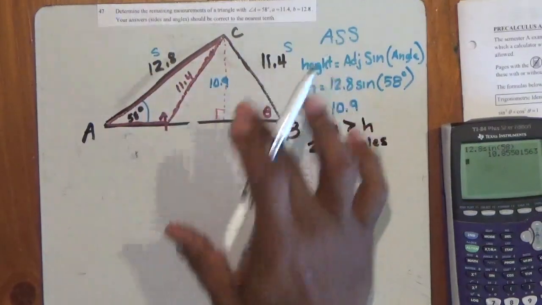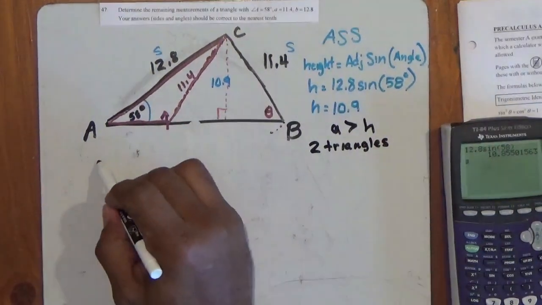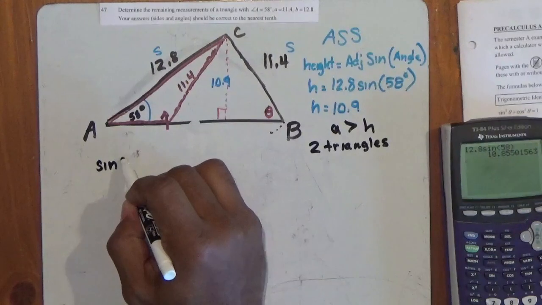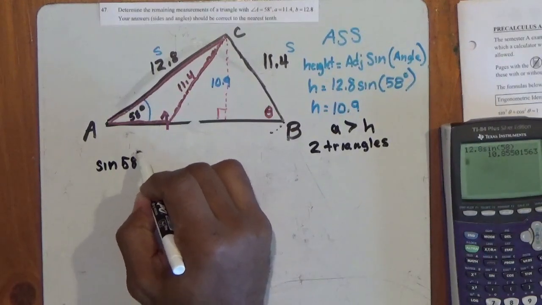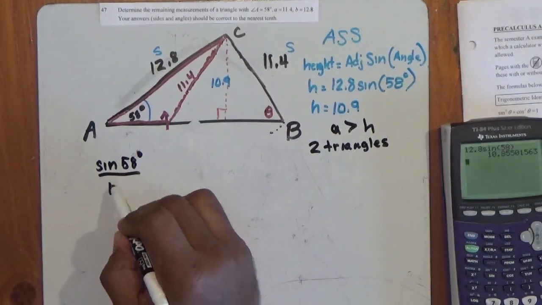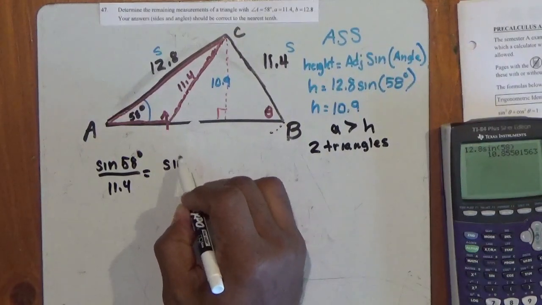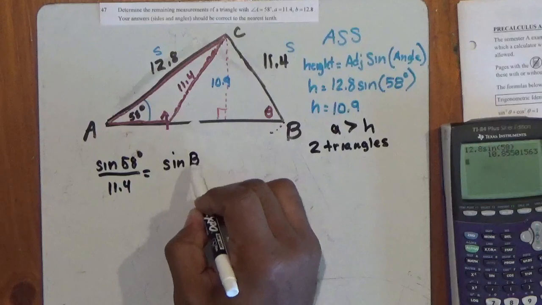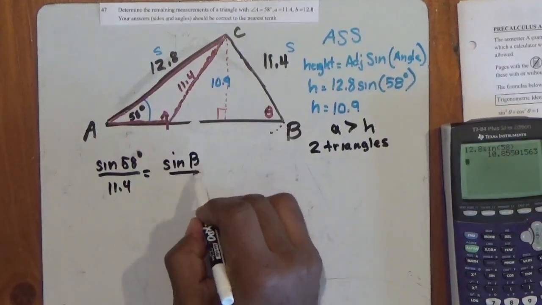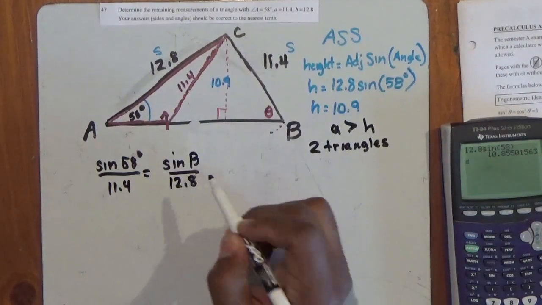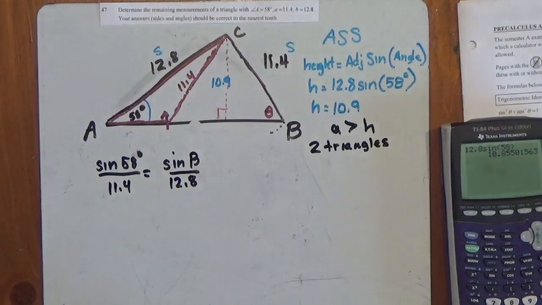We have these values in black, and we can go sine 58 degrees over 11.4 is equal to sine angle B over 12.8. That's our law of sines.